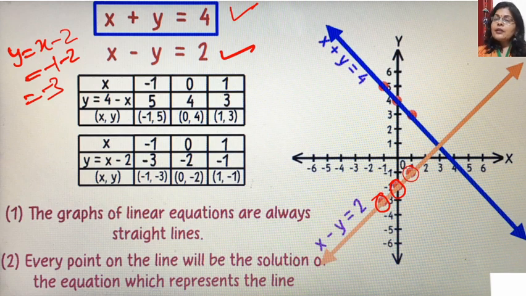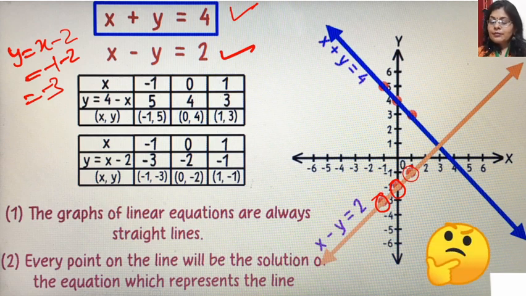Now let us make another line. These two lines represent these two equations. Now these two equations are representing two lines. Now what else can you conclude from this? Do you see something else than these two things? I hope you could very well understand. Just think about it.